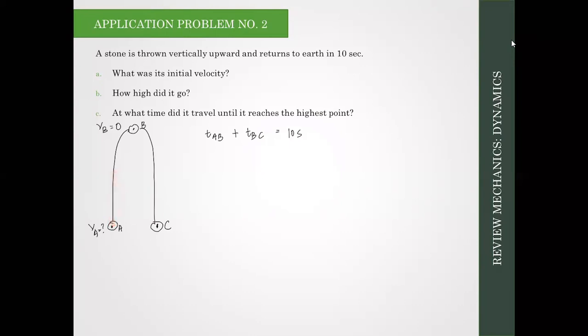Meron tayong gravity na nagpo-pull downward dun sa ating object, no? So, hinihila siya pababa. Kaya eventually magze-zero yung velocity natin at point B hanggang bumaba na siya. Okay? And then tanong, at what time did it travel until it reaches the highest point?